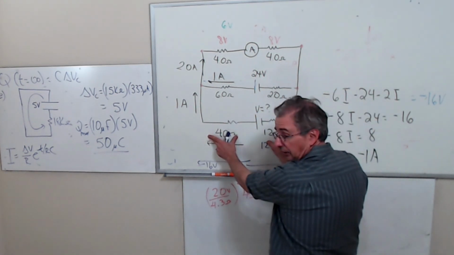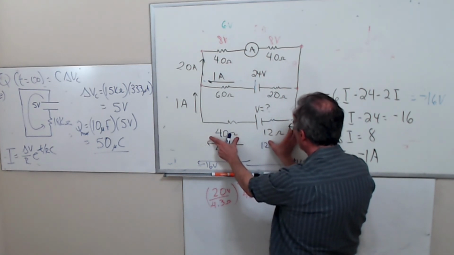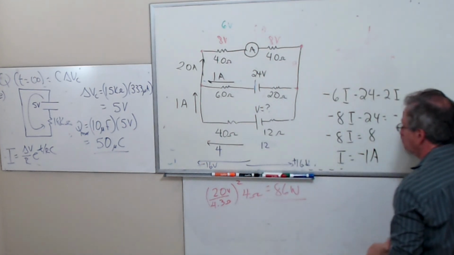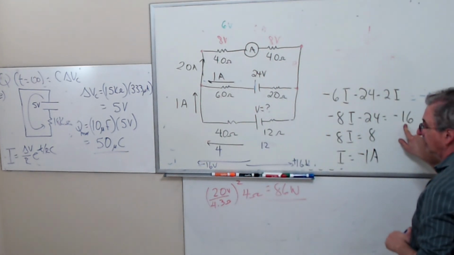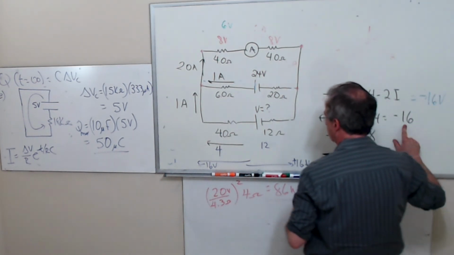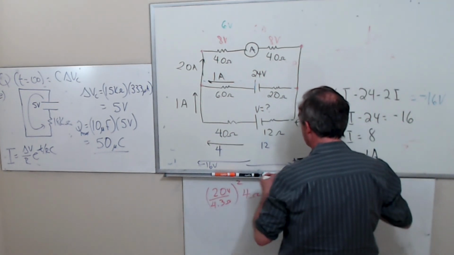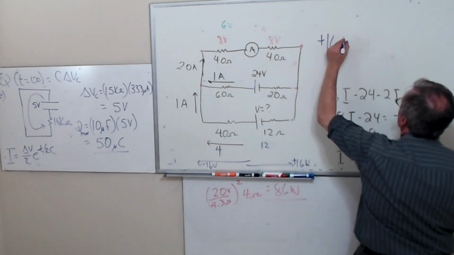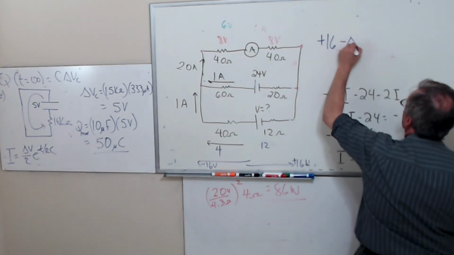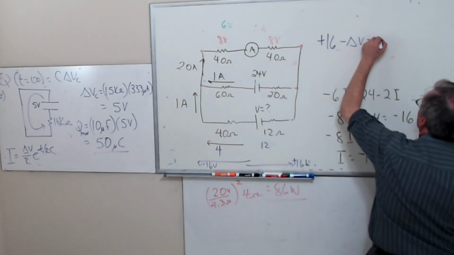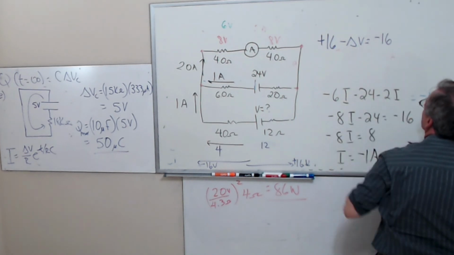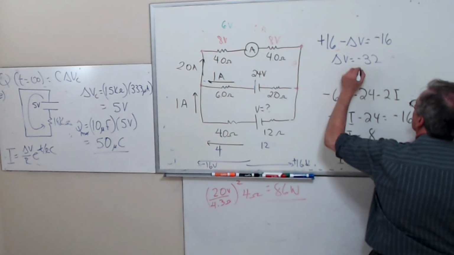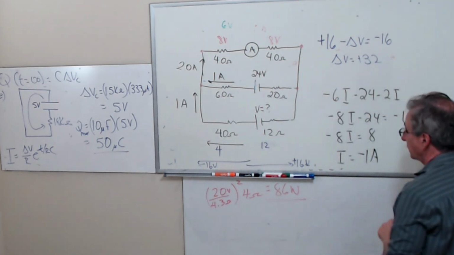Just do these two though, right? These two plus the power supply have to give me this voltage drop. So if it increases this way, delta V has to be 32 volts.